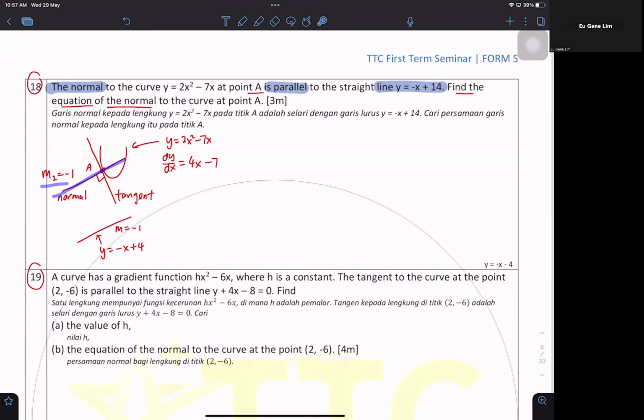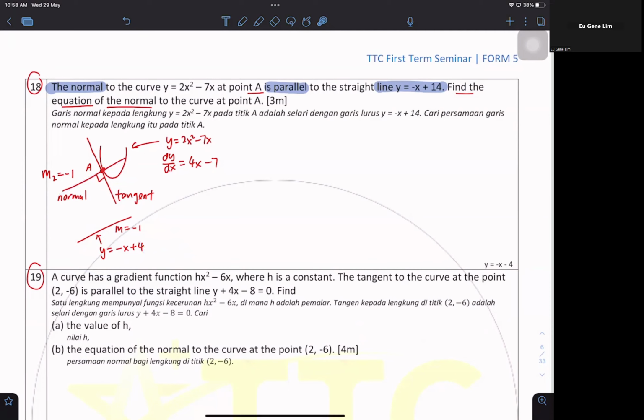So M2 equals -1. Understand? Now this other line is actually no use already. It is just simply another line that is parallel with the normal.